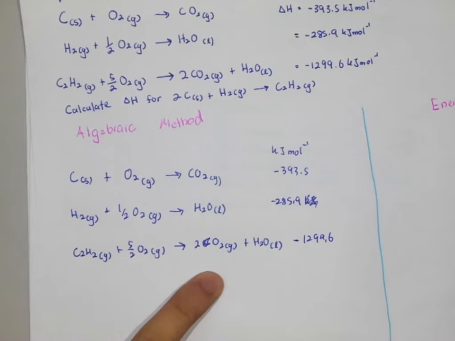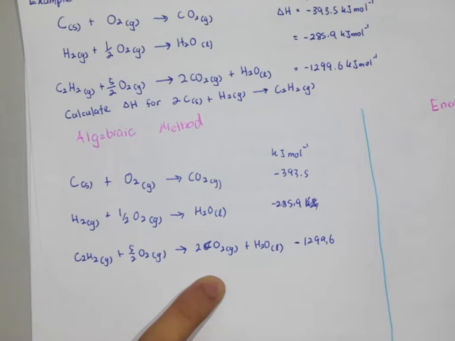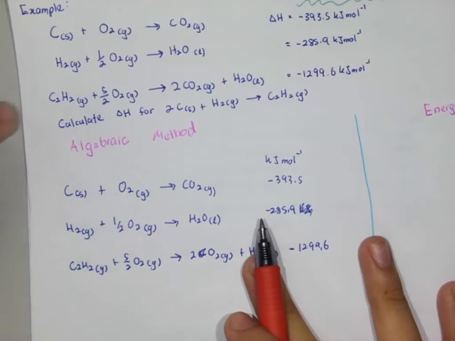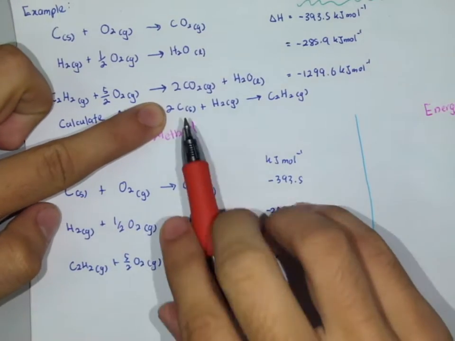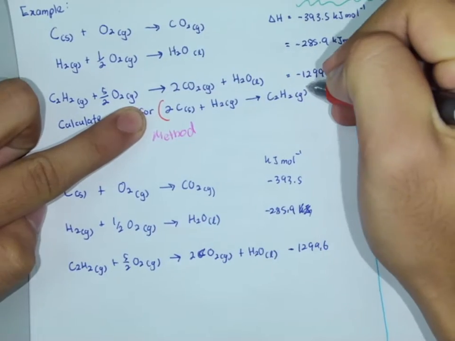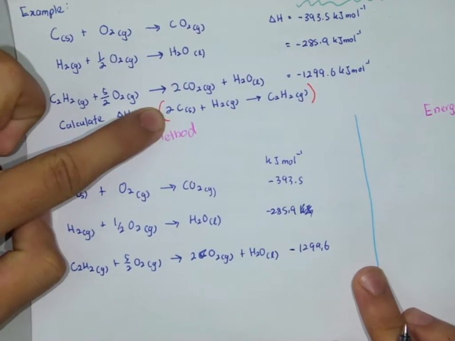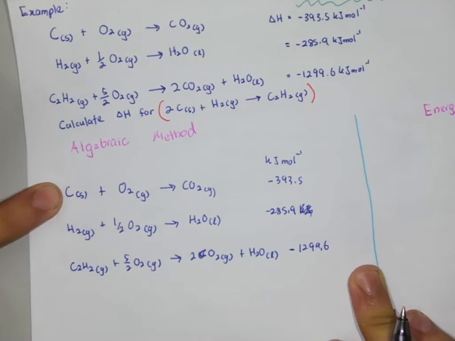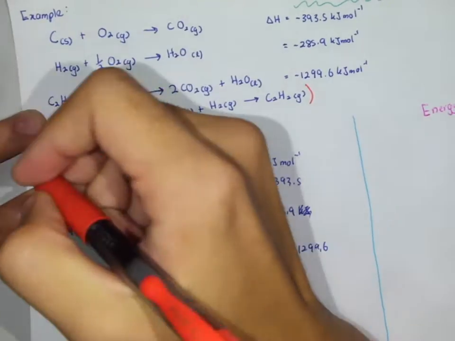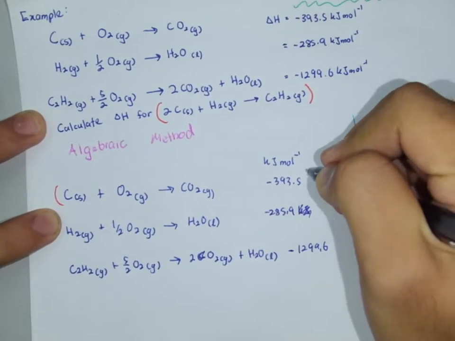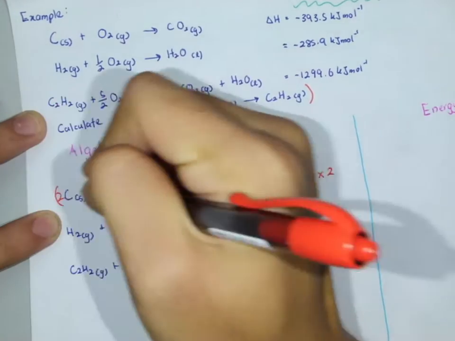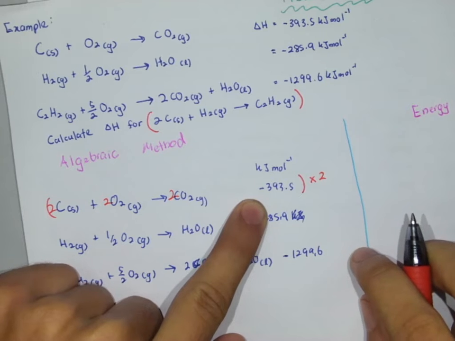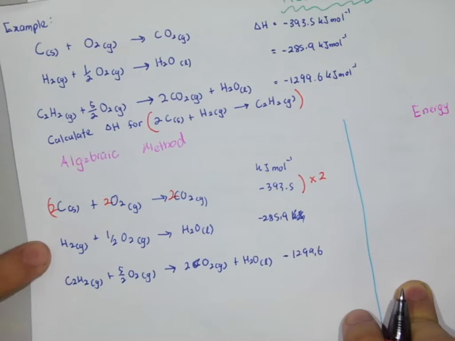So how can we do this? Let's use another pen or pencil and figure out how to get this. Looking at what we want, we have 2C, so find the equation that has C. C solid is 1, but we want 2, so multiply the whole thing by 2. You will get 2, 2, 2, and the delta H also gets multiplied by 2.